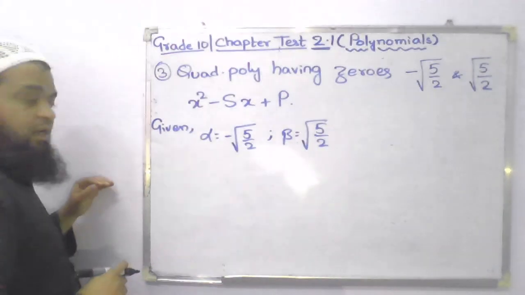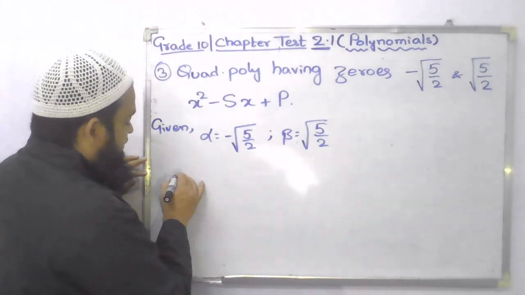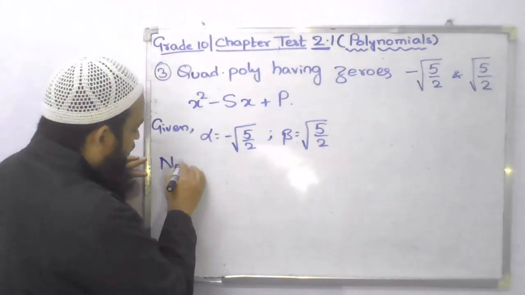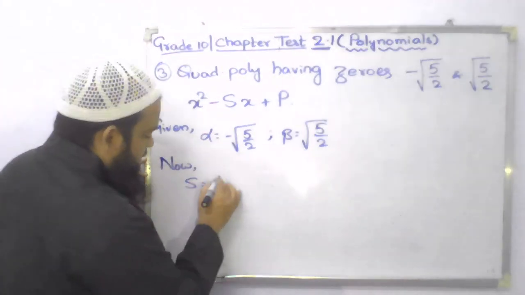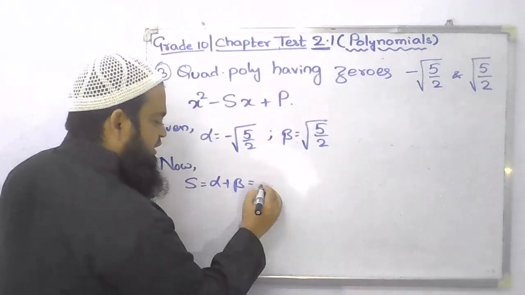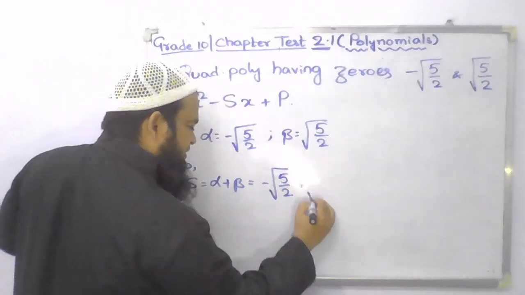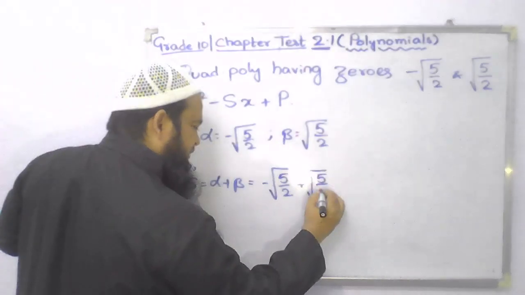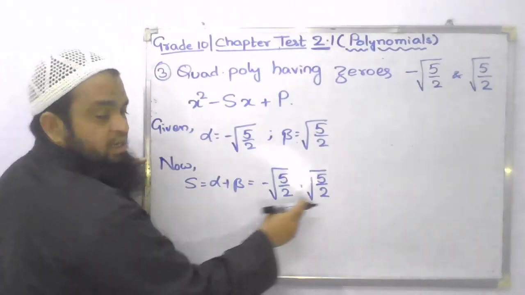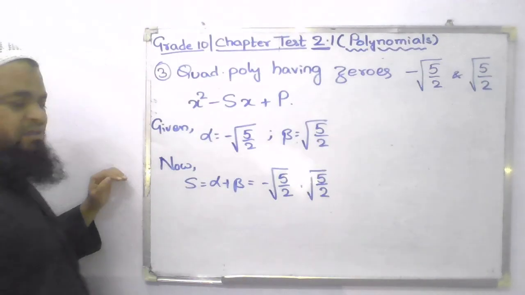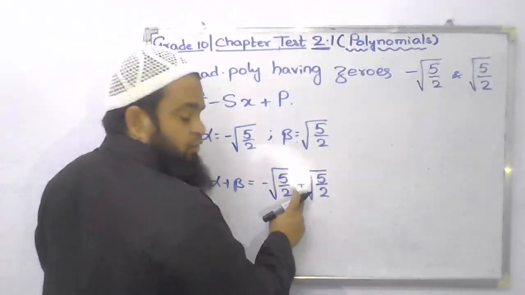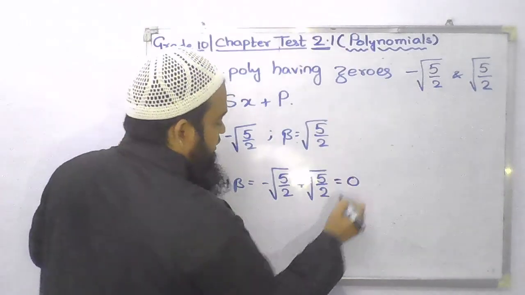So now let us find out the sum of zeros. Sum of zeros is equal to alpha plus beta, that is equal to minus square root of 5 by 2 plus square root of 5 by 2. My dear students, when you add the two same things with a negative and positive, the answer is 0, right?